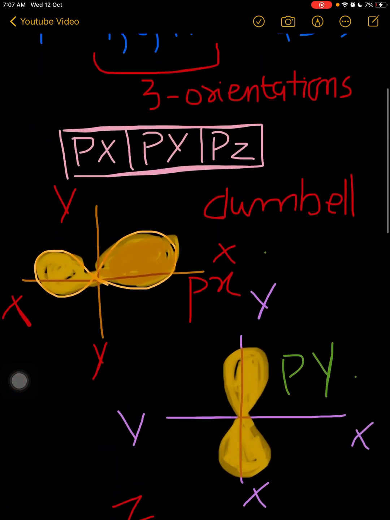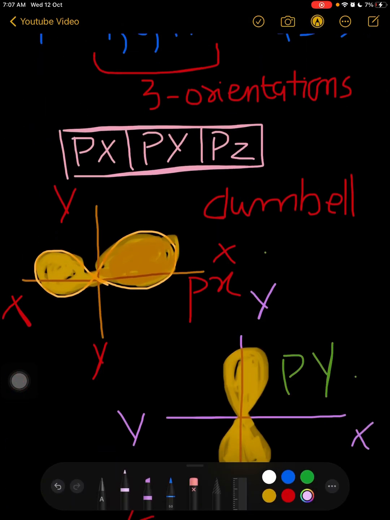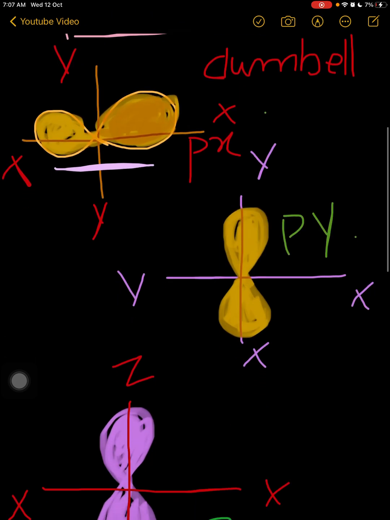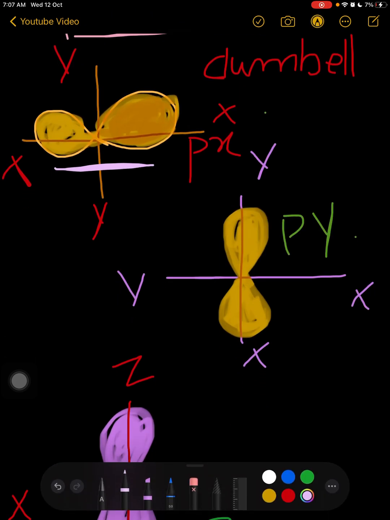As you can see over here, px, right? Obviously it is pointing in one direction only, which is x, so it means it is directional, right? When you look at py, it is also pointing in one direction, which is y, so it means it is directional.